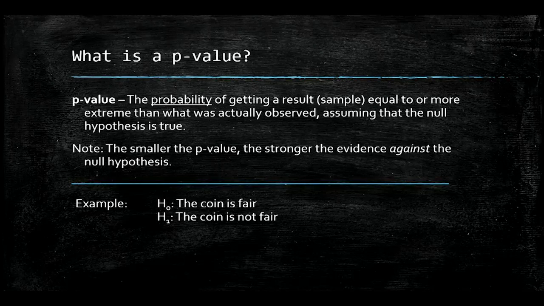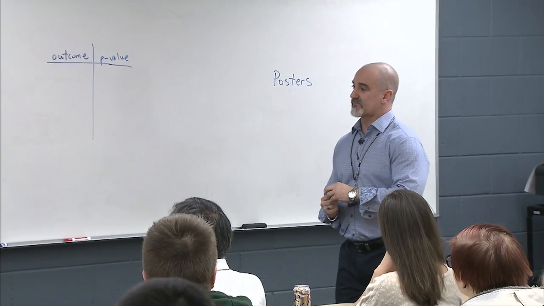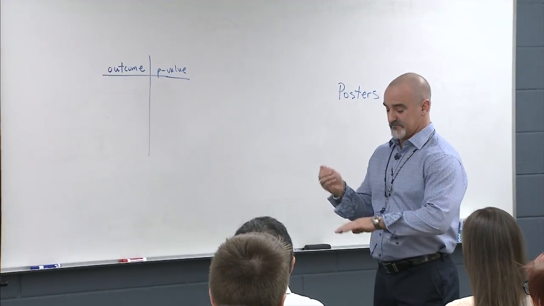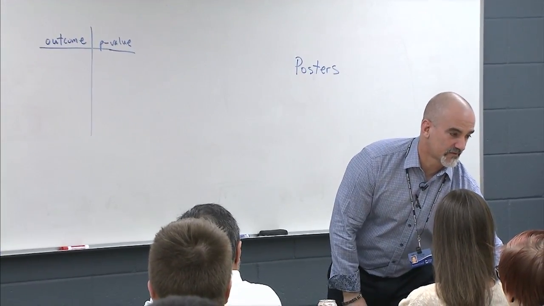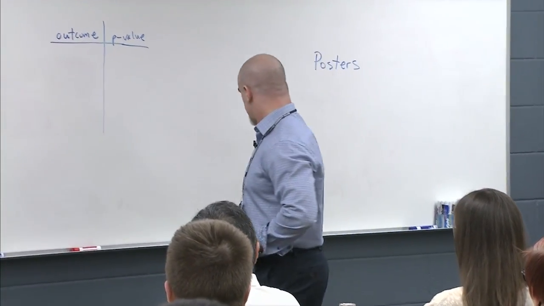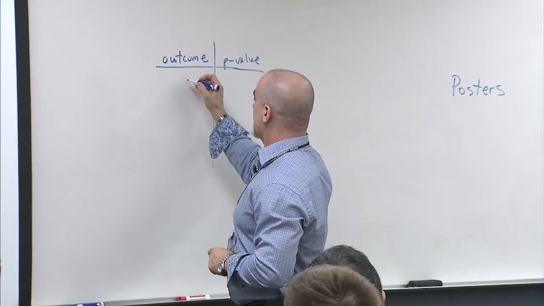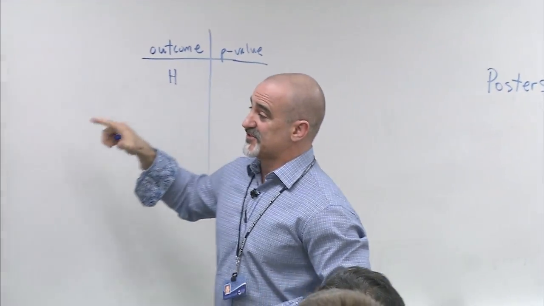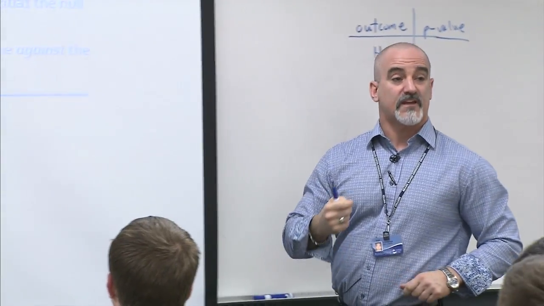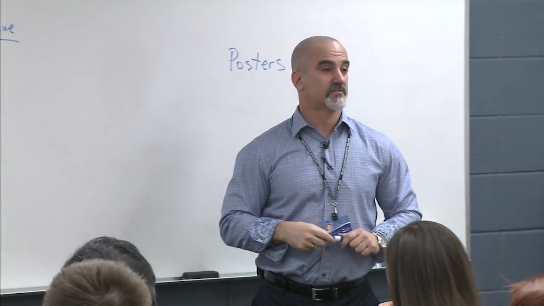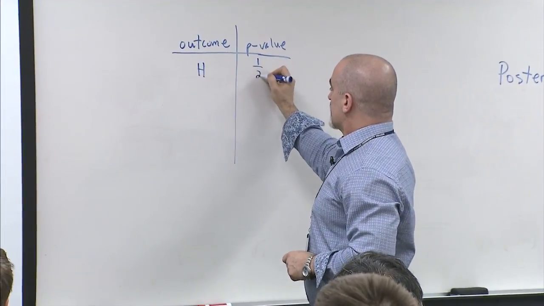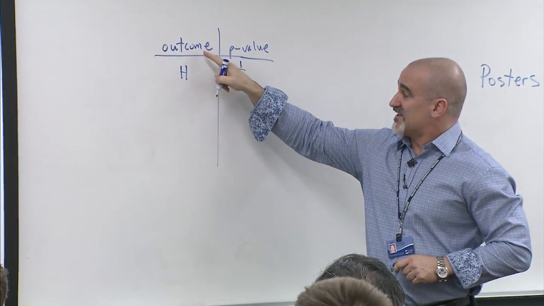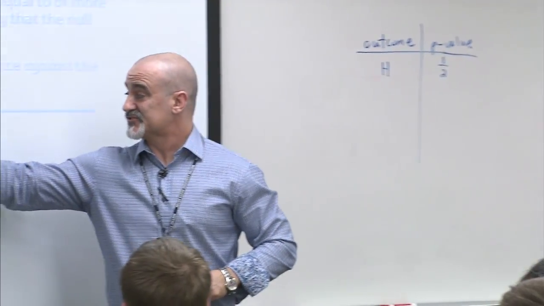Let me see if I can do this without dropping it all over the place. So let's say I flip this coin. Heads. Okay, so the outcome is heads. The p-value is the probability that I could get this outcome, given that the null hypothesis is true. If I have a fair coin, what's the probability that I would get heads? 50%, right? The p-value is just the probability I could get this outcome, given that this is true.